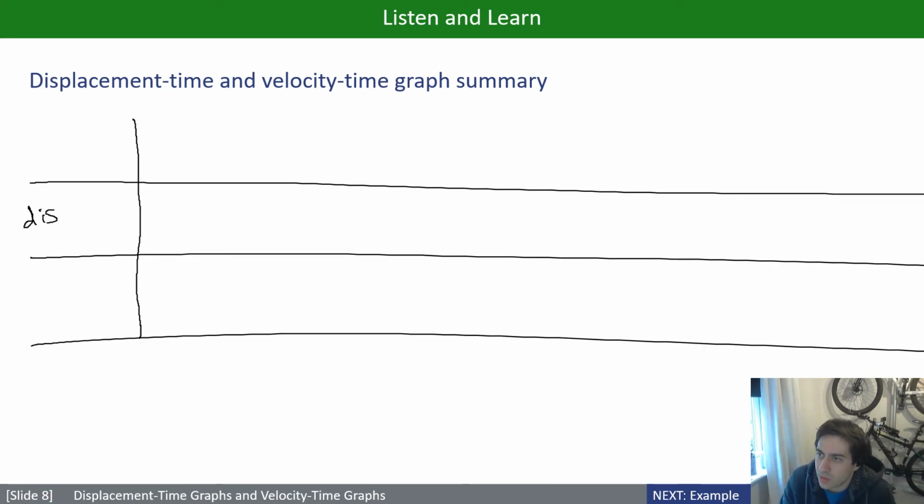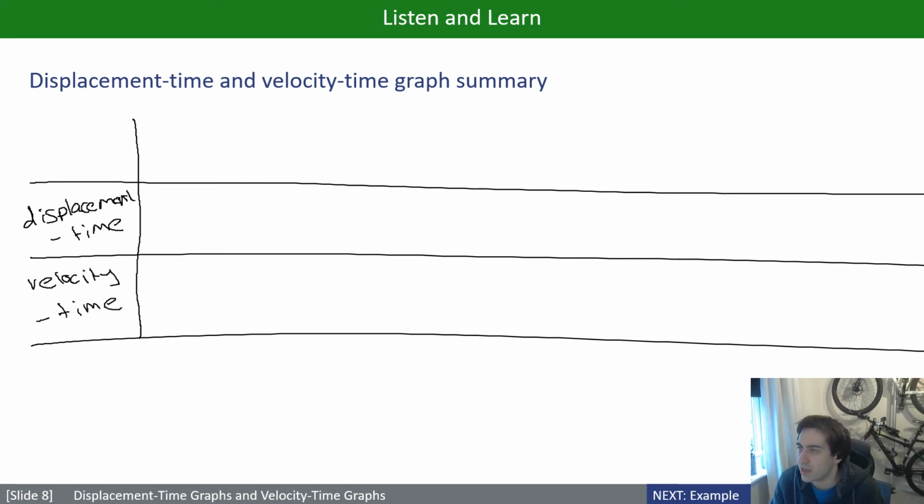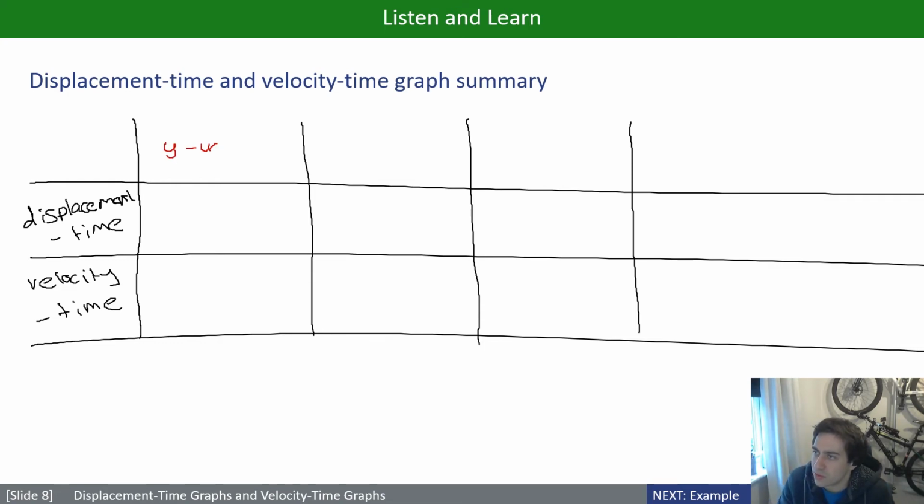So we're going to do displacement time versus velocity time graph, and there are a few key things which we want to be able to compare, which are what is the meaning of the y value, what is the meaning of the gradient, and what is the meaning of the area under the curve.